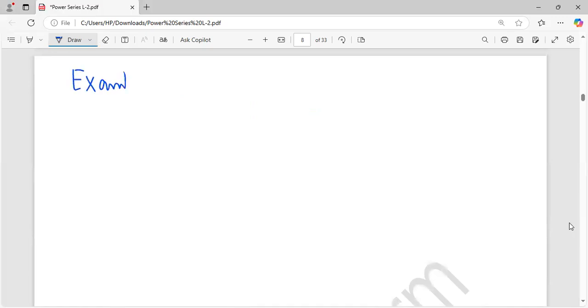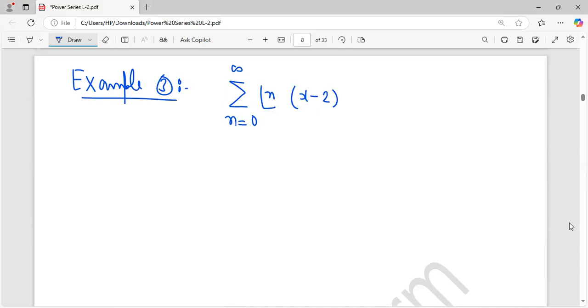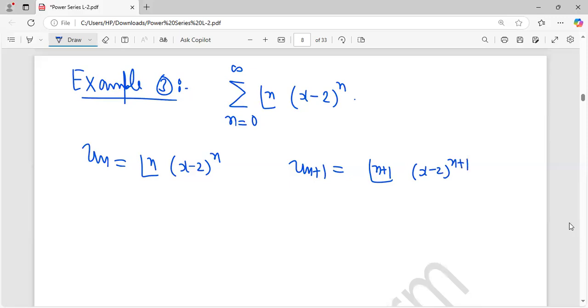Example 3. Then what is u_n? And what is u_(n+1)?